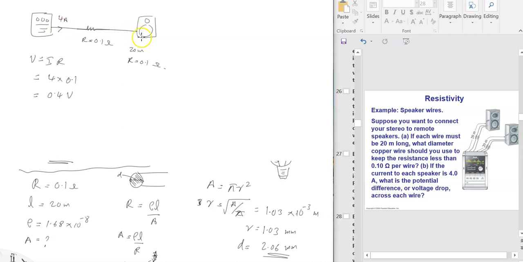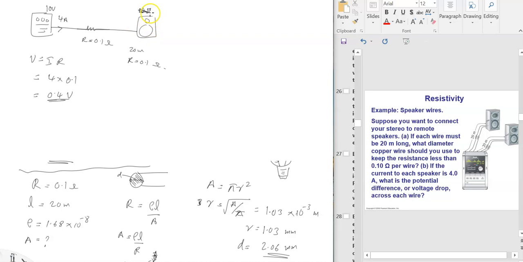What does that mean? Let's say, for an example, the music system, the control unit, is creating a voltage of 10 volts. Ideally, you want the speakers to receive 10 volts, but there is a drop on the way, 0.4 volts.